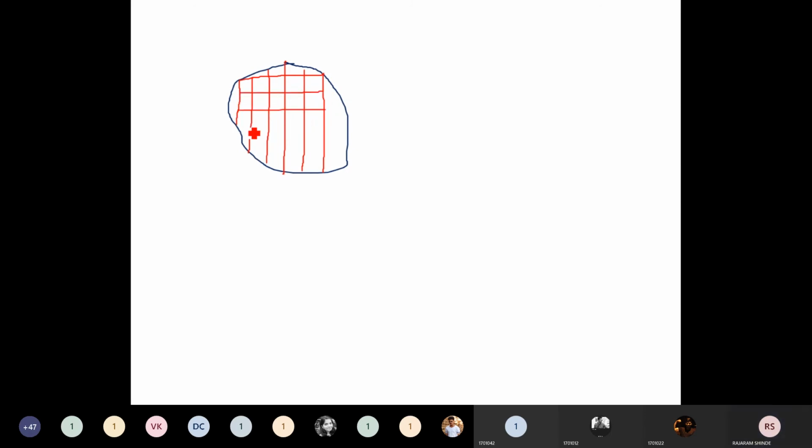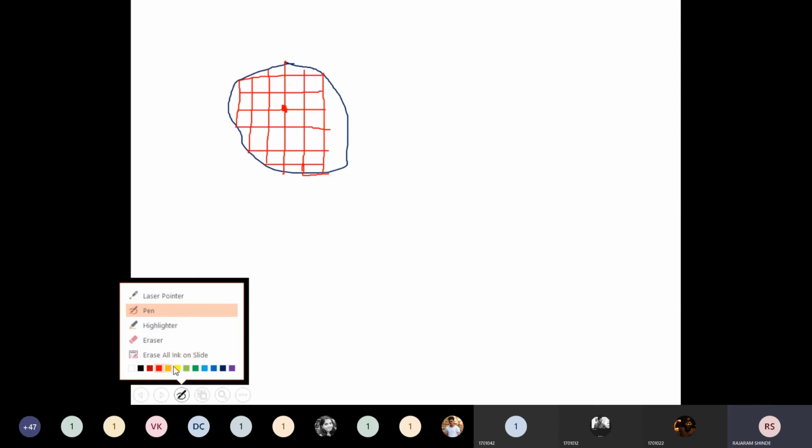Okay, this is a grid structure. Have you got it? We have to divide the domain in a grid-like structure, and in the finite difference method these connecting points are known as the grid points.